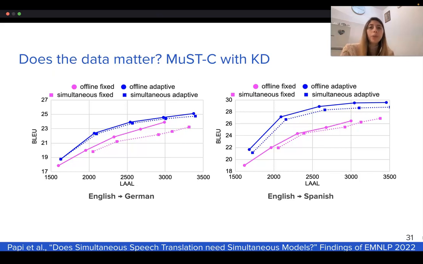Then we experimented with the SimulST with the knowledge distillation data, and we compare the performance of the offline system with the best performance of the system trained in simultaneous, to verify if our finding also holds in this condition.